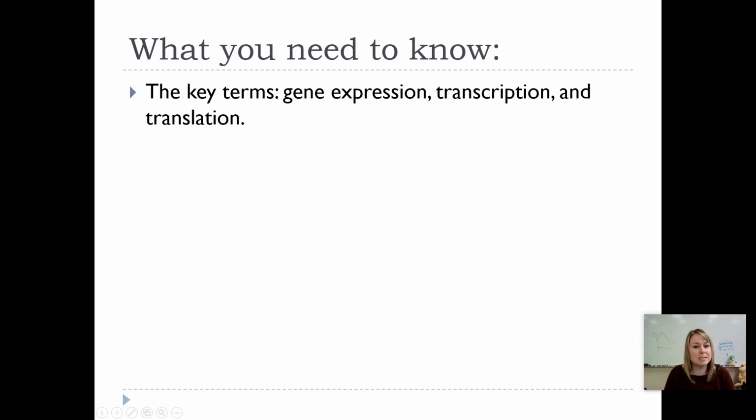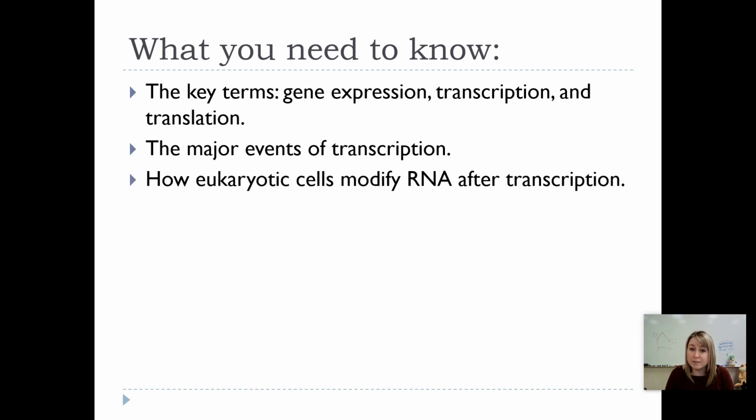Your list of must-knows for this chapter are obviously the key terms like transcription and translation, and we'll go into gene expression a little bit here as well. You need to know the major events of transcription, so that's going to include initiation, elongation, and termination.